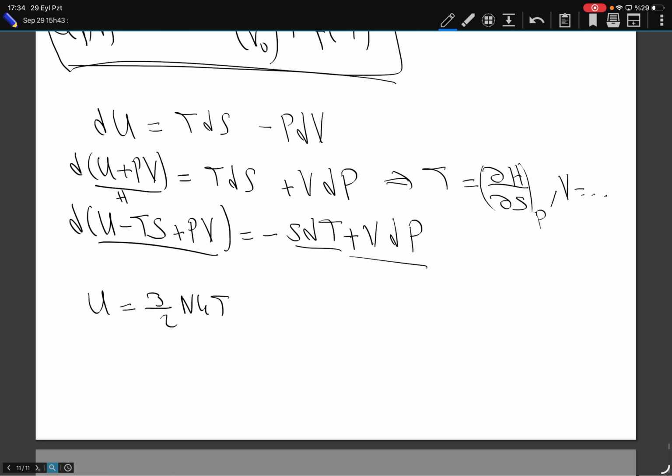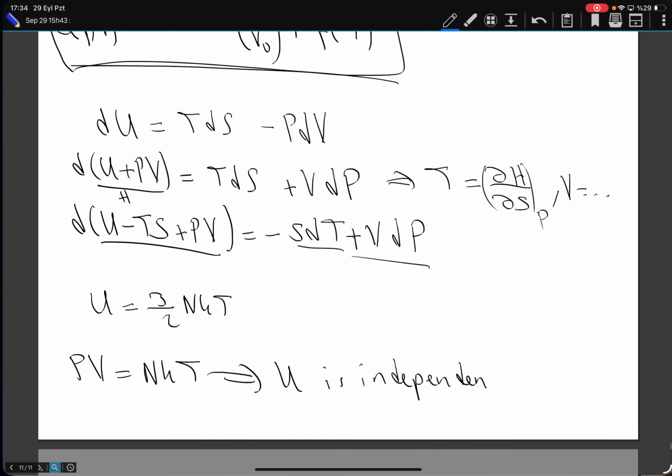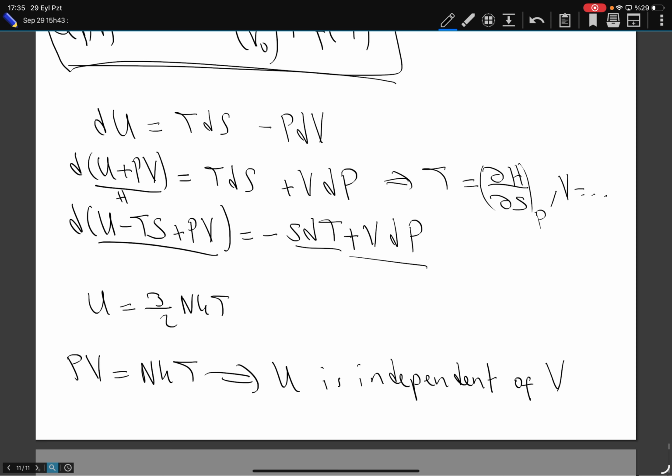That is what I am asking. So I want to show that for a gas that satisfies PV equal to nKT, U is independent of V and depends only on T.